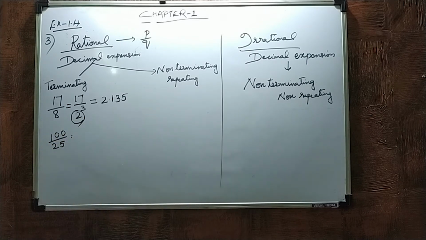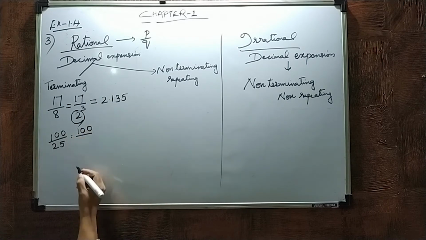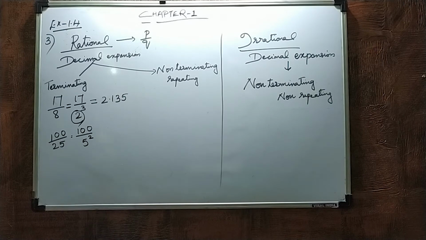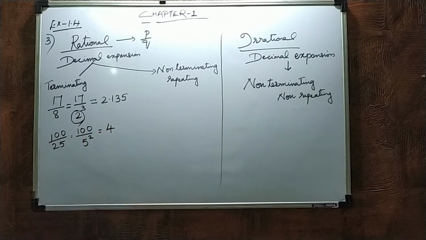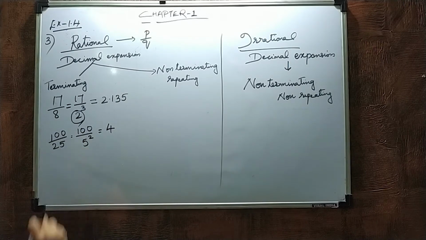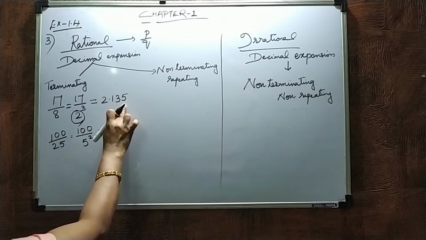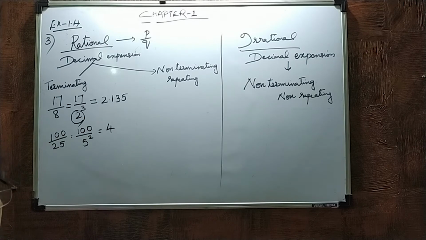Just look at the factors of Q. It is 5 square. 100 divided by 25, you will get the answer 4. This also terminates, and the factor is only 5. If 2 is there, then you get a terminating decimal expansion. If 5 is there, then you get a terminating expansion.